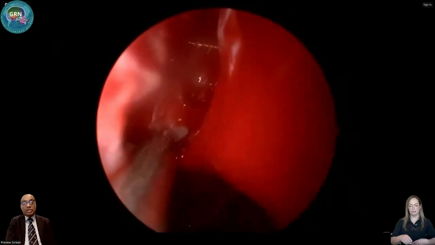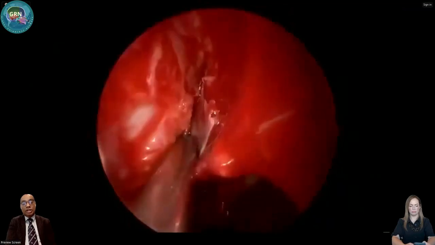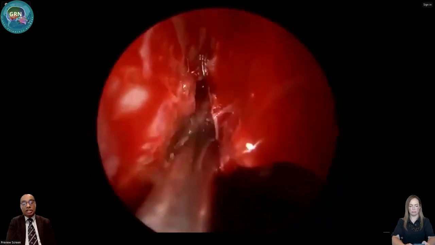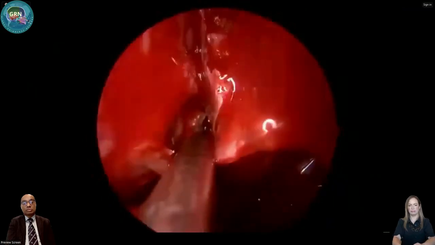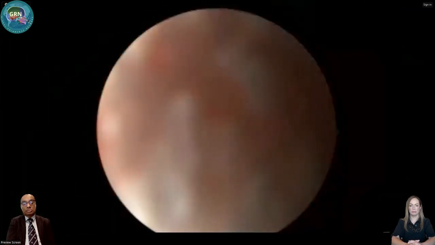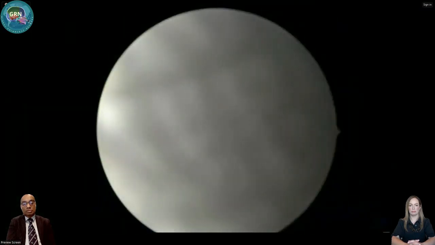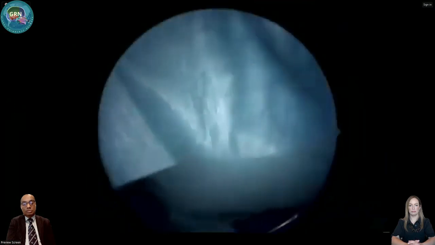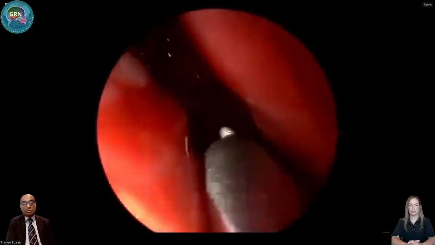So, Professor, there is a question: what is the definitive treatment plan? Is it just the surgery, or is there going to be further therapy like radiotherapy or chemotherapy for this patient? Well, of course, it depends on the extension of the disease. If the tumor is not in contact with the dura, we can perform only surgery, but if we have contact with the dura, the radiotherapy is mandatory.